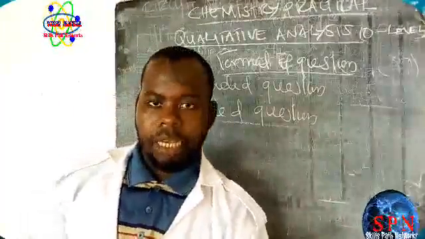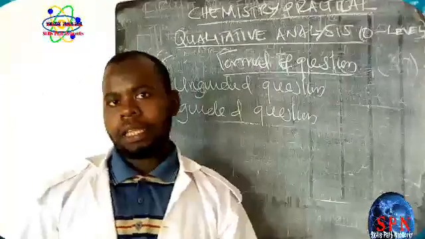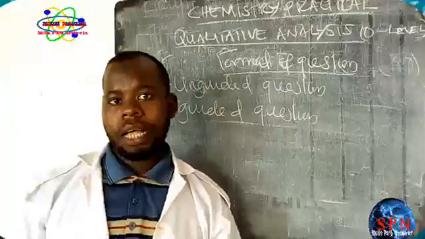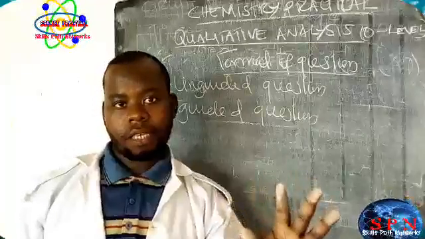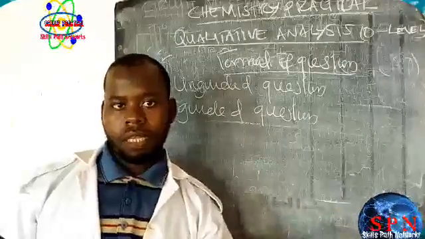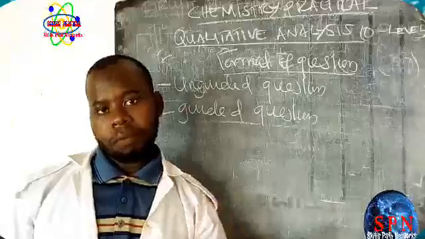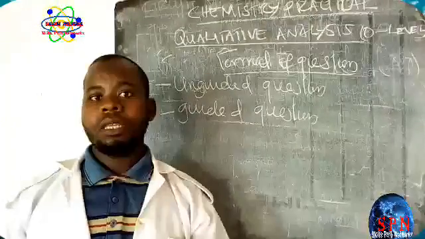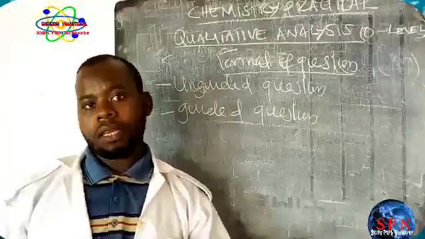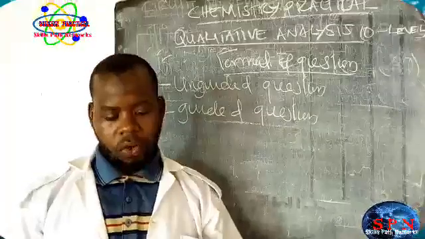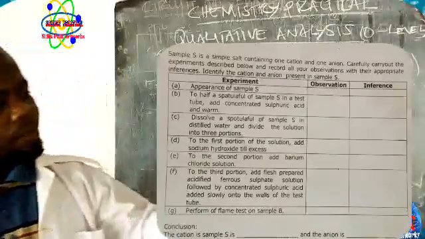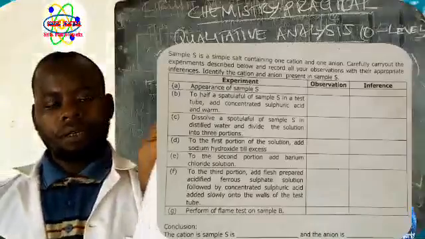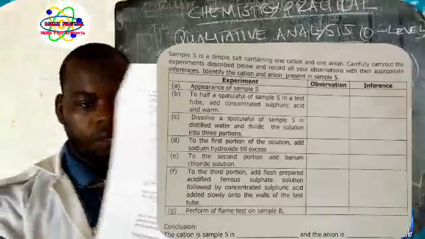But in guided questions, some procedures from the sheet are excluded. You can perform observation, action of heat, then we go to another procedure instead of solubility. You can exclude the flame test.